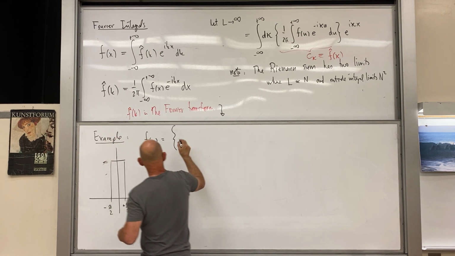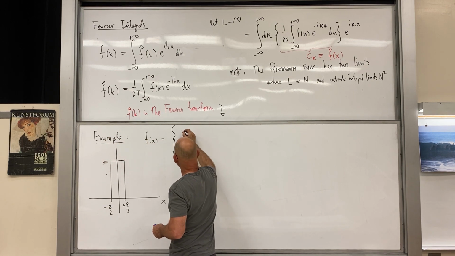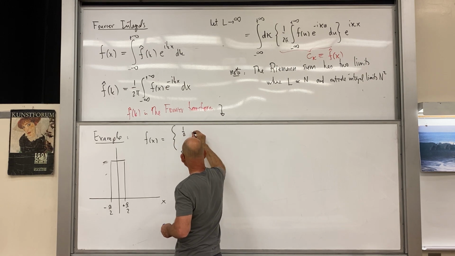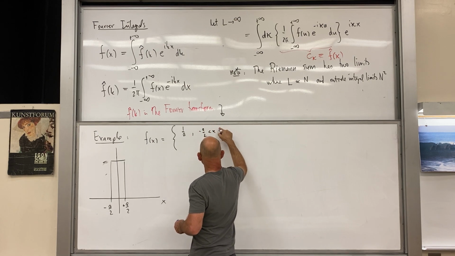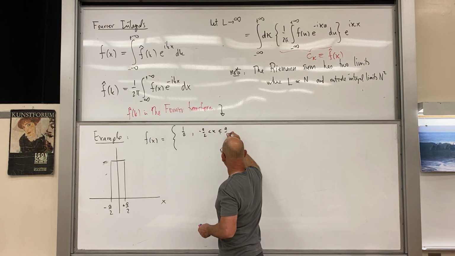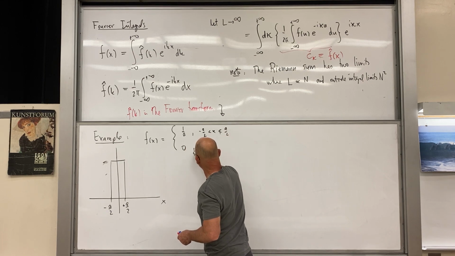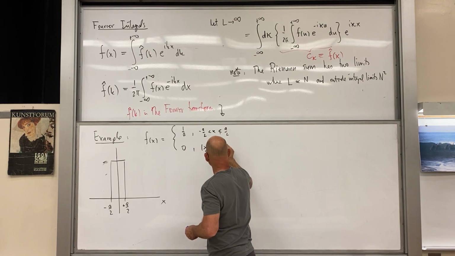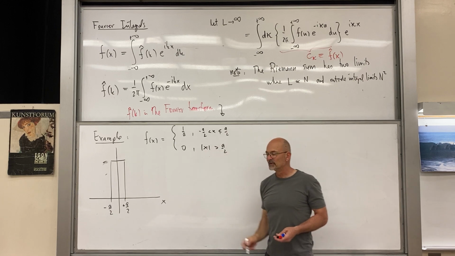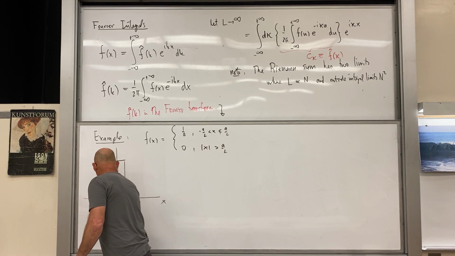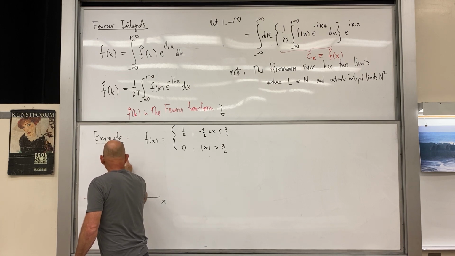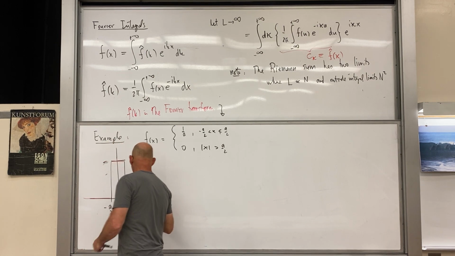So it's 1 over a when minus a over 2 is less than x less than a over 2, and it's 0 when x is greater than a over 2 in magnitude.